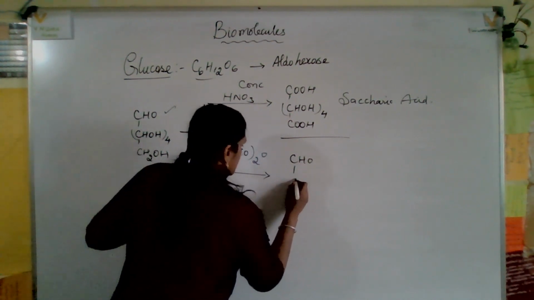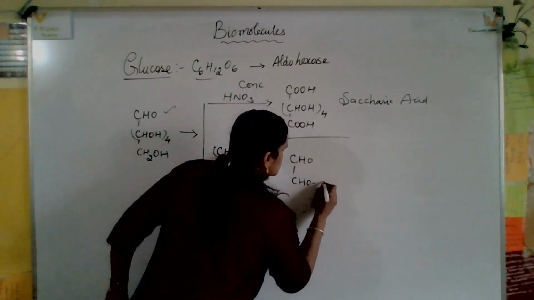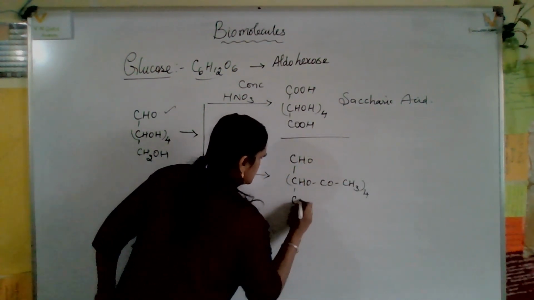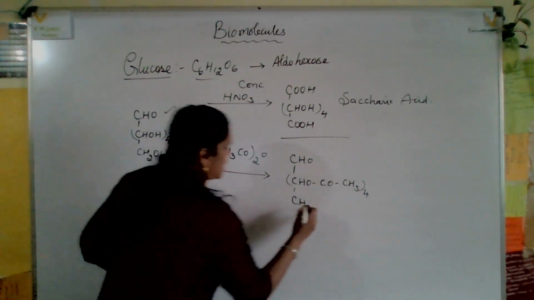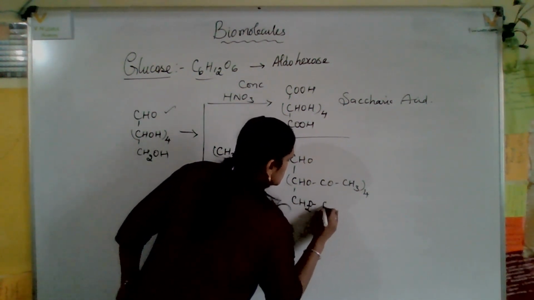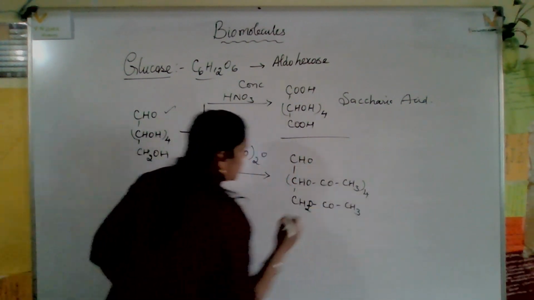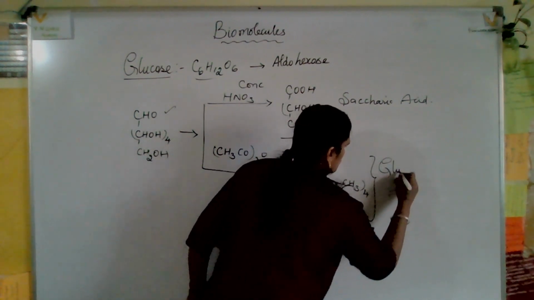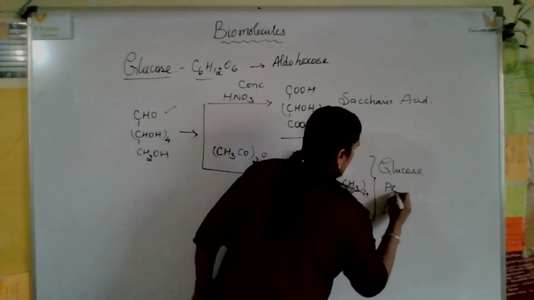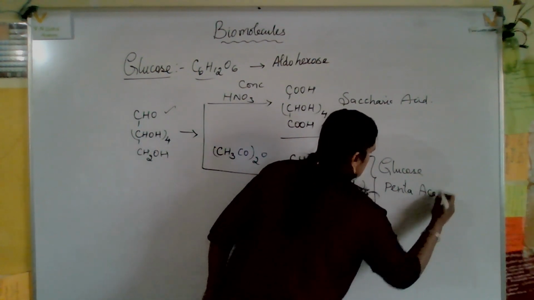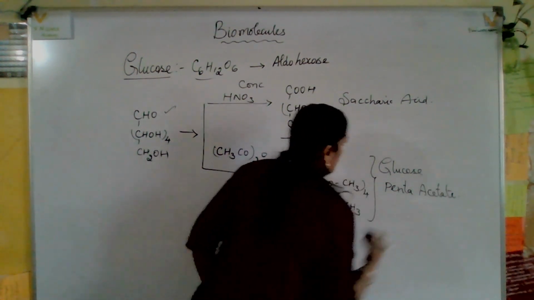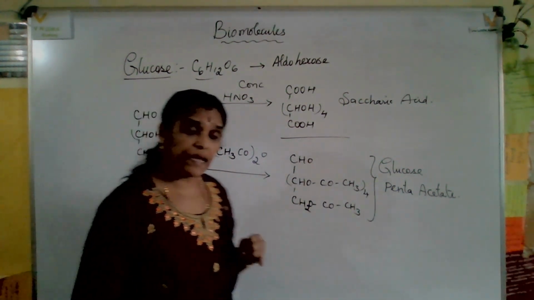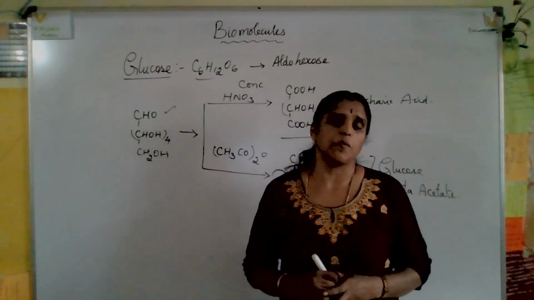So that is CHO, then CH-O-CO-CH3 4 times, then CH2-O-CO-CH3. So the name we can say is glucose pentaacetate. Hope you're clear with this. So we can make out that glucose has an aldehyde group, and 5 hydroxyl groups are also available.